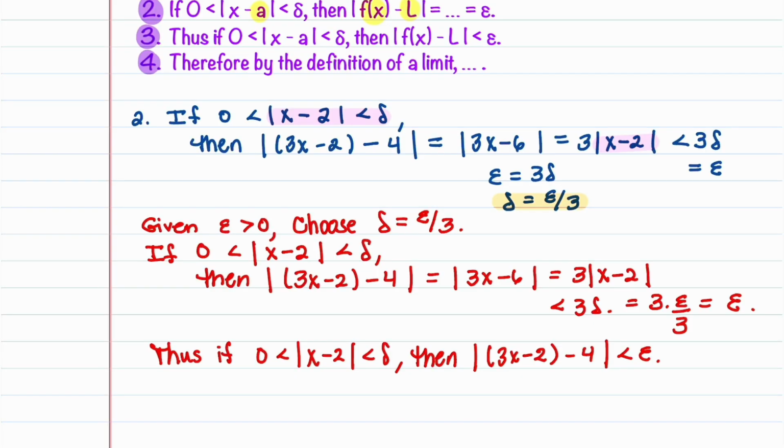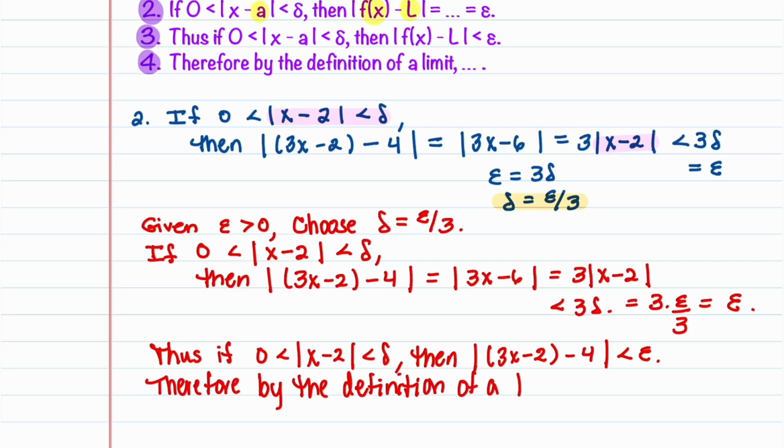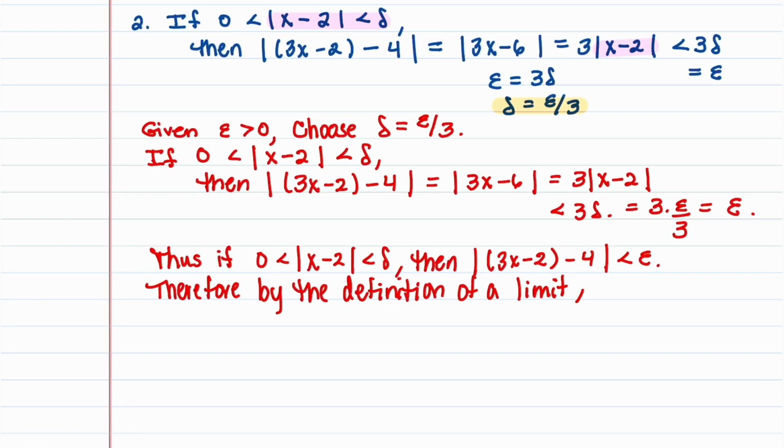Starts with a therefore, so we're going to write down therefore, by the definition of a limit, we can conclude that the limit of 3x minus 2 as x approaches 2 is equal to 4.